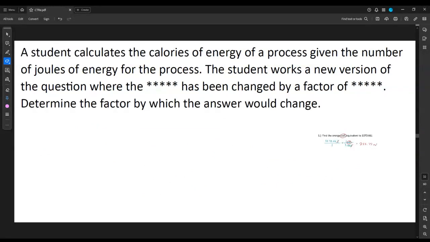Now, this one is a simple enough question. Technically, the nice thing is that the way that we view this is going to cancel out the difference. But the thing is, we're trying to find calories from this, and we're given a number of joules. So basically, that's just a conversion.